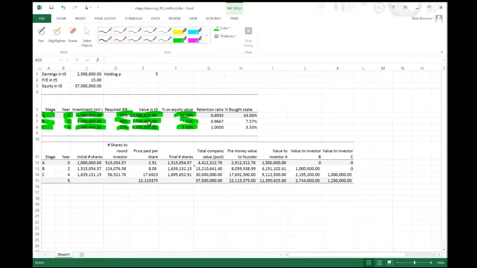Look carefully. In your Excel, you have your investor A that is entering in year number 0. You know that in year number 0, the initial number of shares is 1 million.